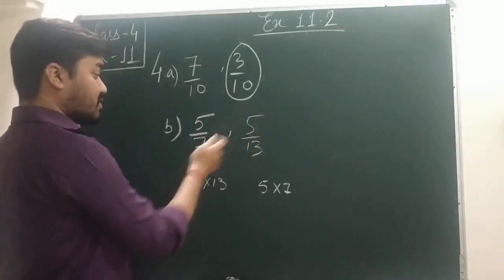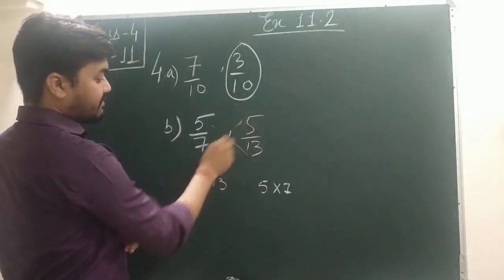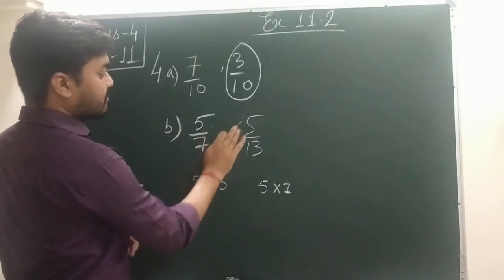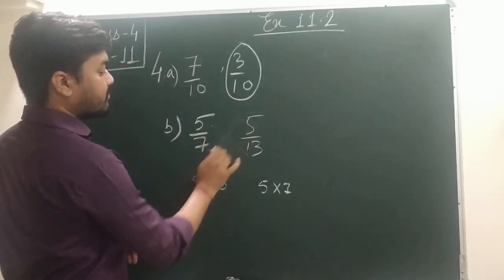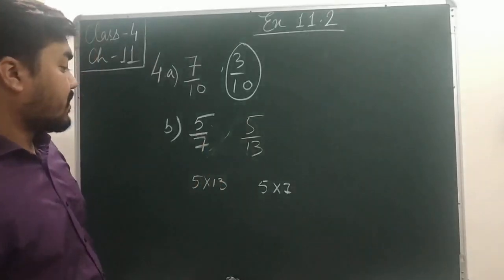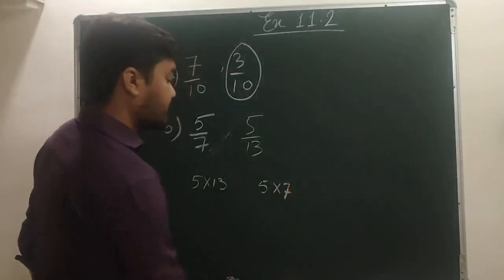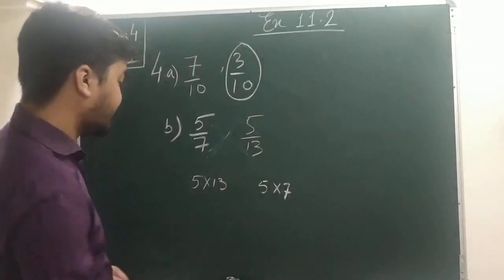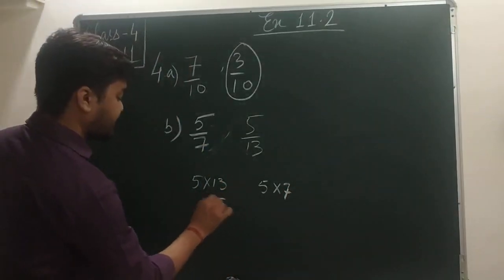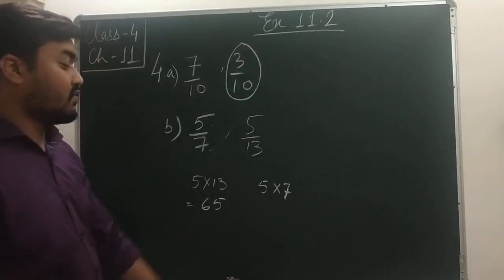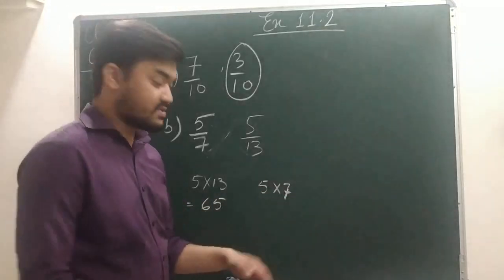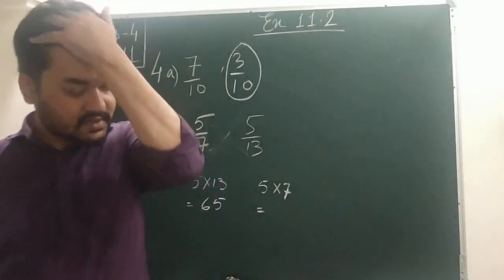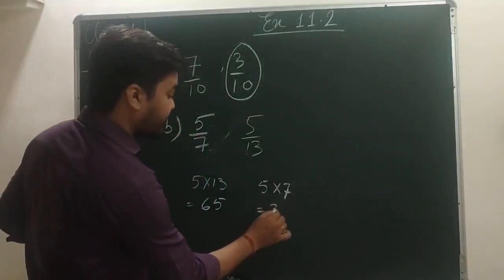We just have to cross multiply. When we multiply 5 into 13, we get the answer as 65. When we multiply 5 into 7, we get the answer as 35.